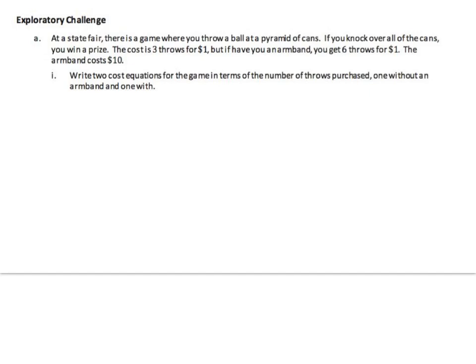So let's look at the one without an armband. I'm going to read it again. 3 throws for $1. So the cost is going to be 1/3 times X, where X equals the number of throws.